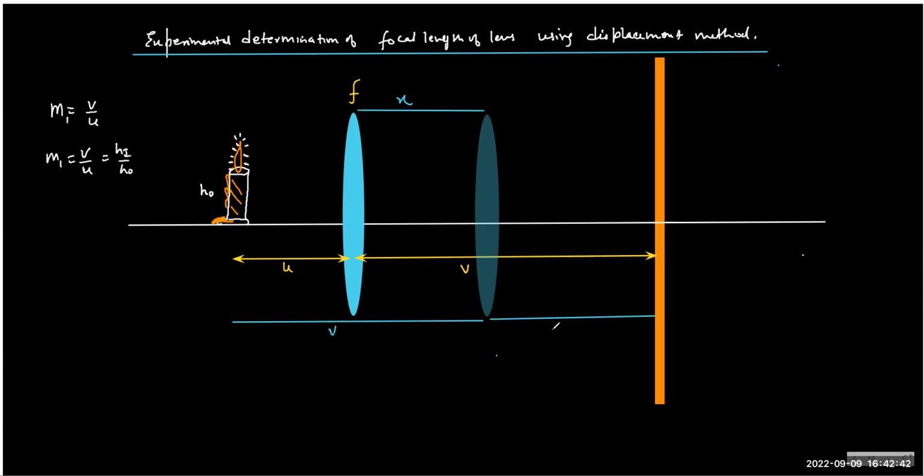Because for every pair of values, we can have the image, right? Do you realize what I'm saying? Yes. But this time it will be diminished.